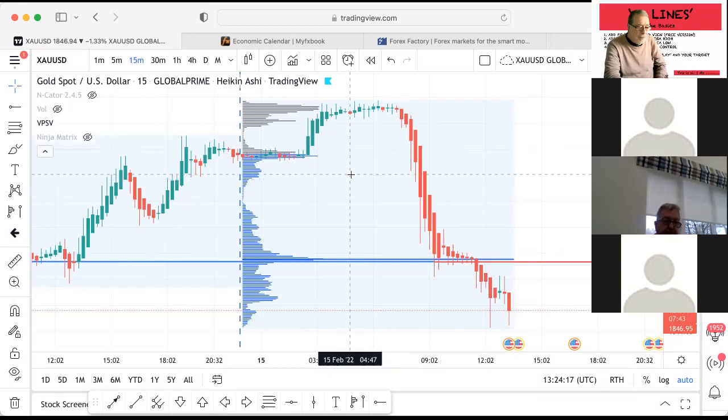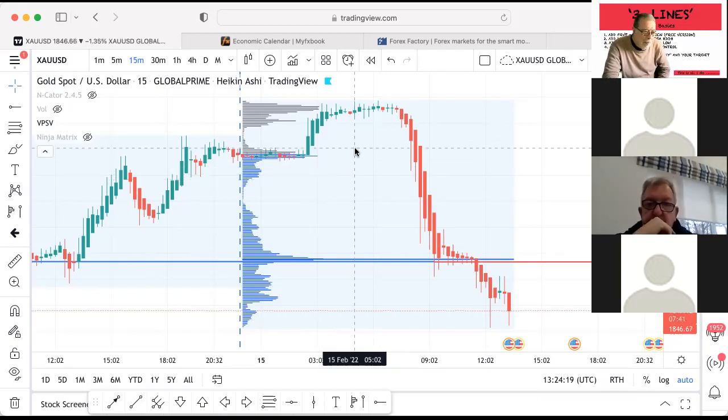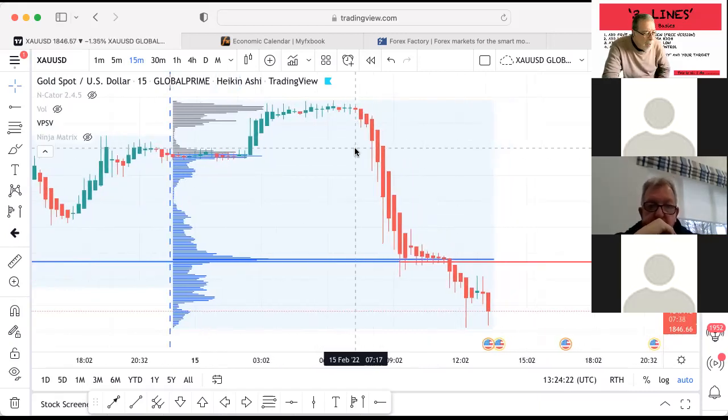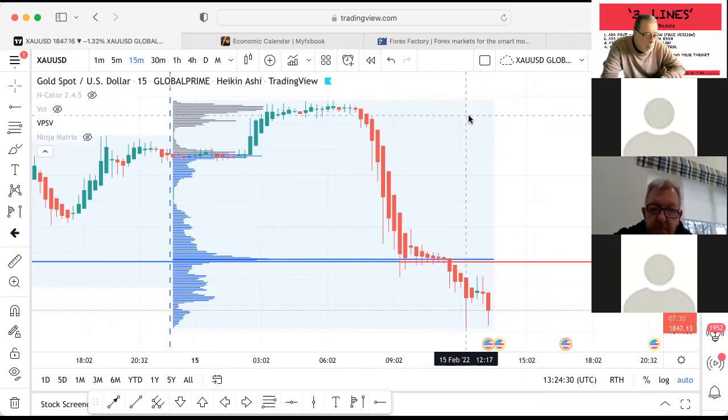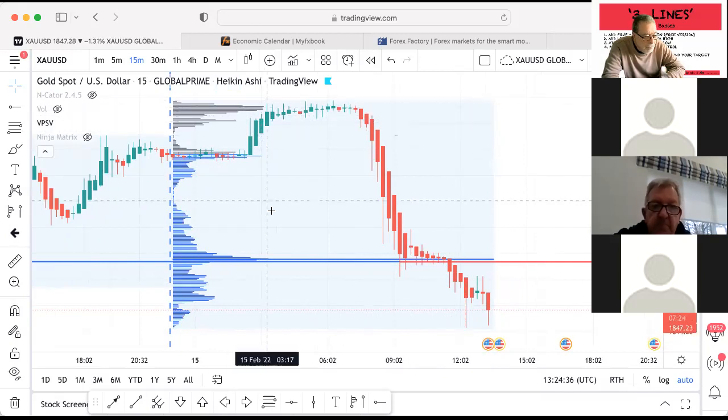So I'm basically trying to explain my thought process based on what I've learned trading gold over the last few months. And one of the things that I keep in mind is these nodes here, because that there has become the point of control.